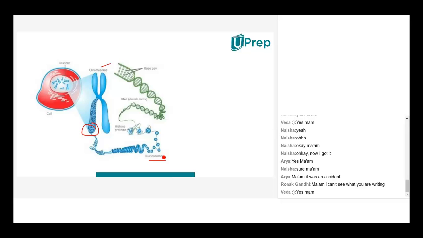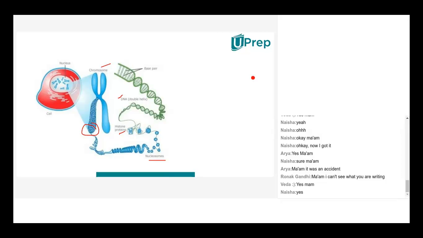What is a nucleosome? A nucleosome is nothing but nucleic acid, DNA, and associated proteins called histone proteins. Can you read the word histone here on the screen? Yes, ma'am. So when we come to the basic unit of DNA, the DNA molecule gets intertwined with proteins called histone proteins.